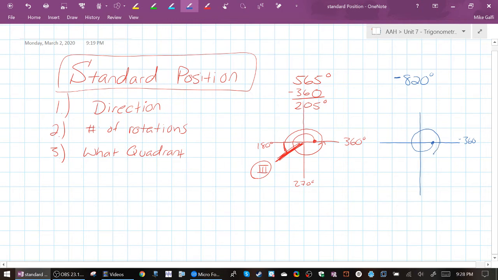If I go another full rotation, so I go around again, that would be another 360 degrees. So that puts me at negative 720 degrees. Okay? So if I go around twice, that's negative 720 degrees, right? So when I combine these, I still need to go another 100 degrees in the negative direction.